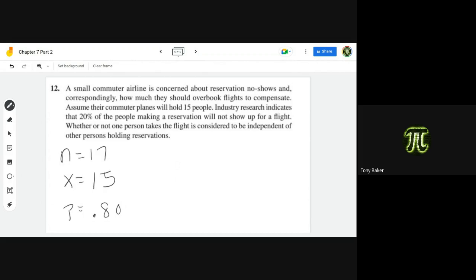So if we put this in Desmos, what did you get? Yeah. So 0.191. So if I only book 17 tickets, the chances of me having a full flight is 0.191, about 20%.